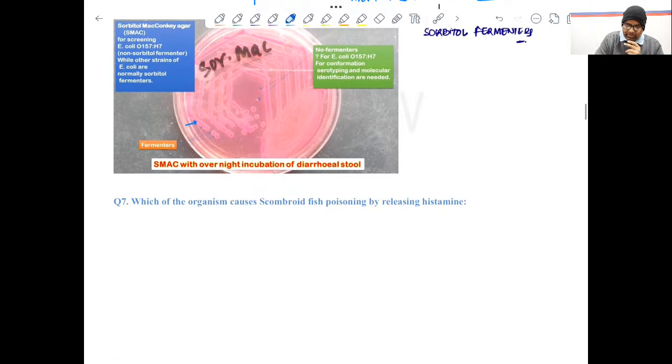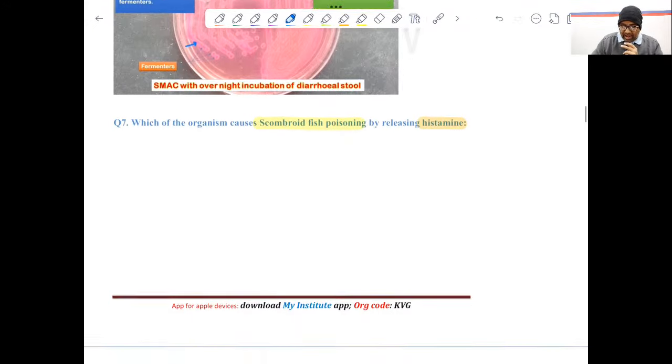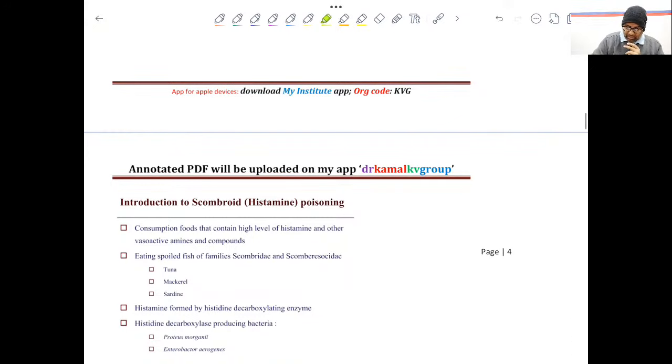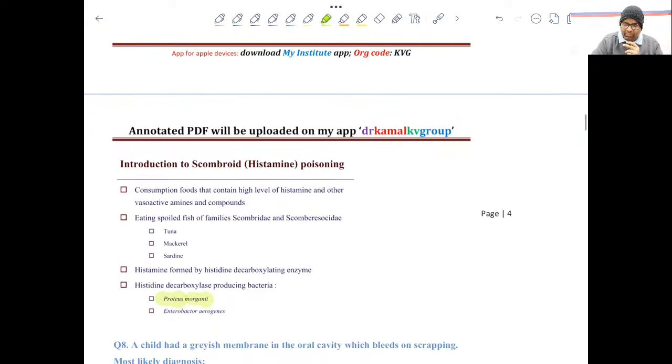Then moving forward, which organism causes scombroid fish poisoning by releasing histamine? Here you have to remember a couple of terms. One is Proteus morganii, and the second one is Enterobacter aerogenes.